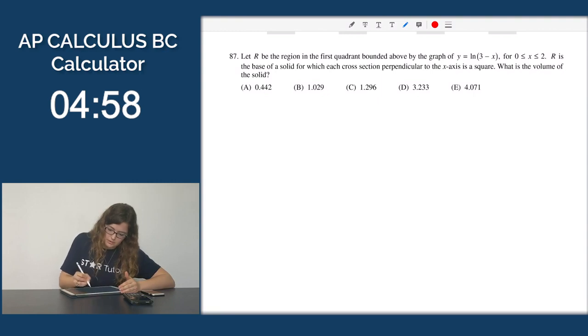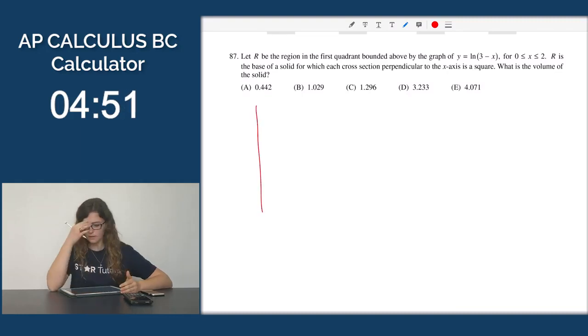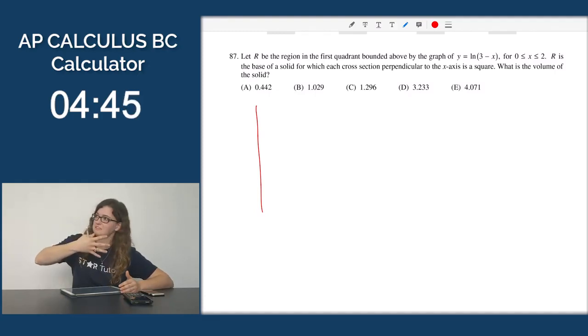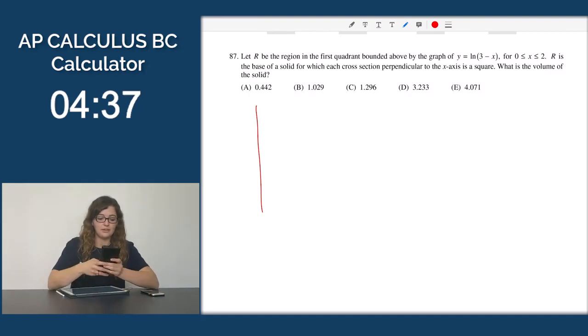So we've got a region R in the first quadrant bounded by this function. So you could graph that function. Natural log of 3 minus x. That's going to be reflected, x shifted. Oh, that's tricky. Okay, I'm going to graph it. I was going to try and do it in my head, but, you know, under pressure, I don't think I can do that.